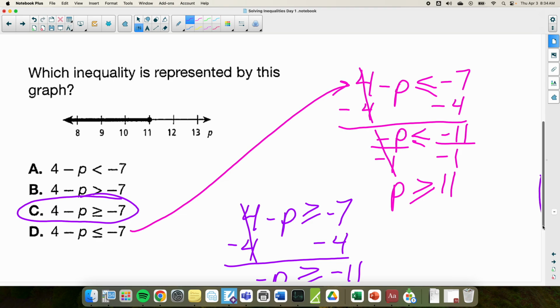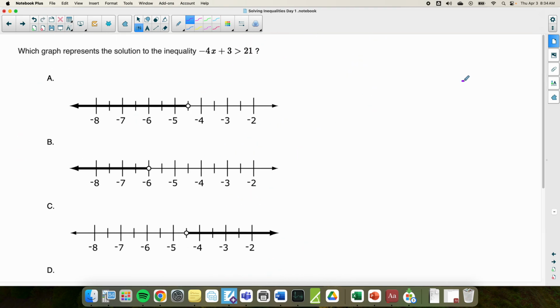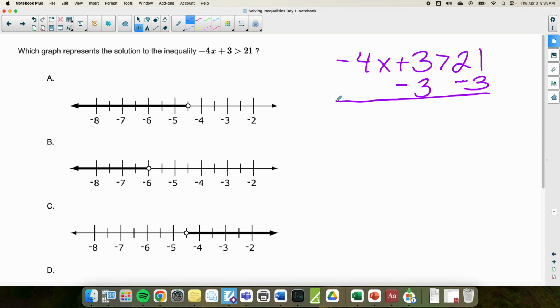All right, so now let's go to this page. And then this, we're gonna solve this and see which one of these it is, okay? So I'm gonna subtract 3. And I get negative 4x is greater than 18. And then if you divide by a negative 4, remember that means you have to switch your sign.